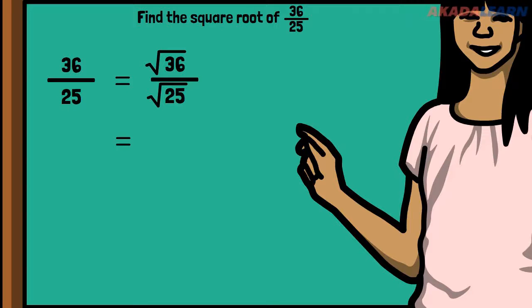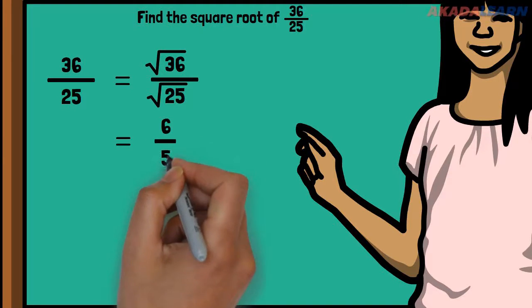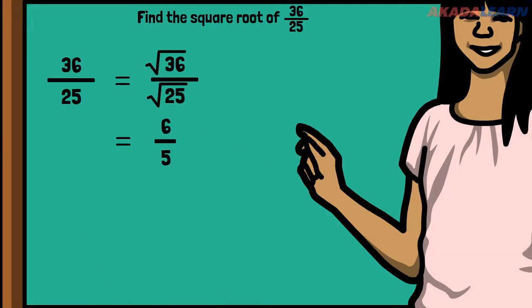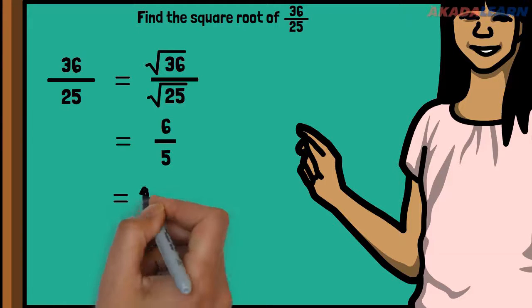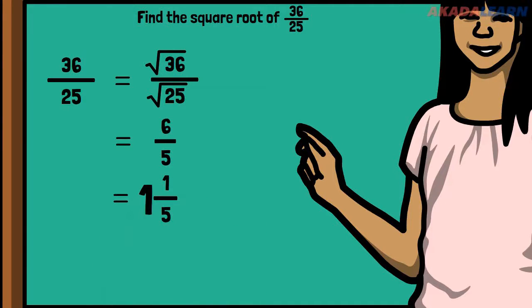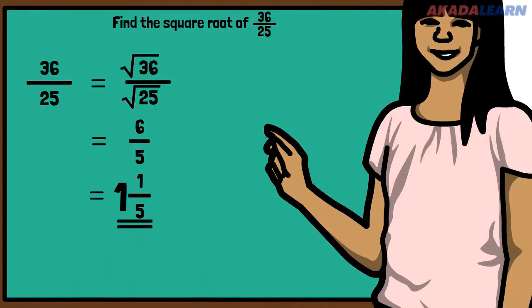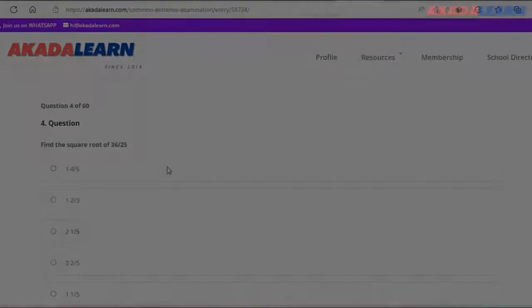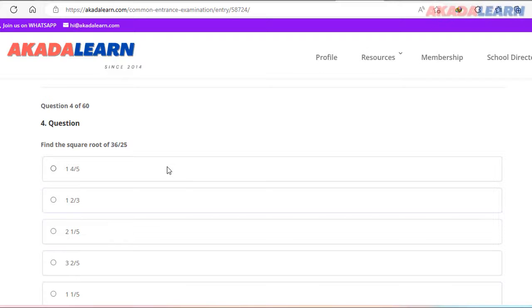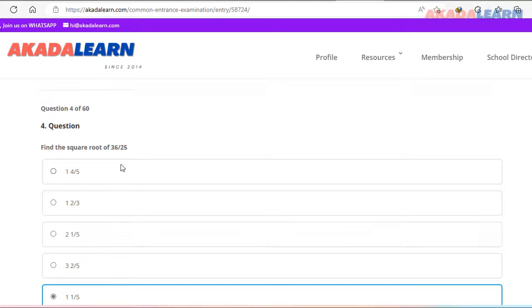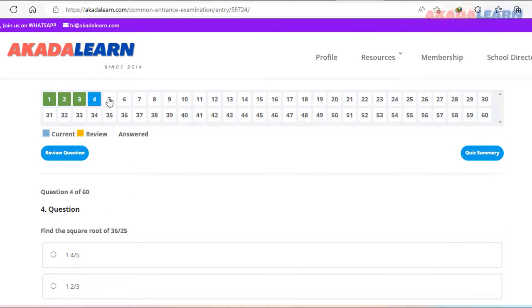So the square root of 36 is 6, over the square root of 25 which is 5. That's an improper fraction, so changing to a mixed fraction, that's 1 and 1 over 5, which is your final answer. So the answer is 1 and 1 over 5, which is of course option E. So next question, question 5.